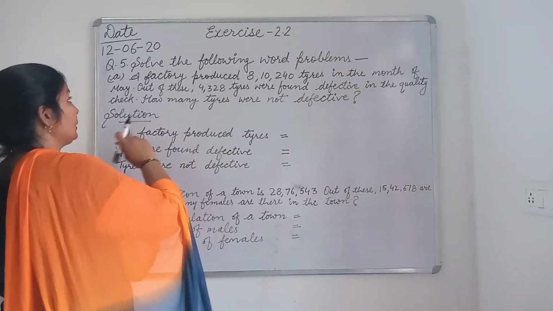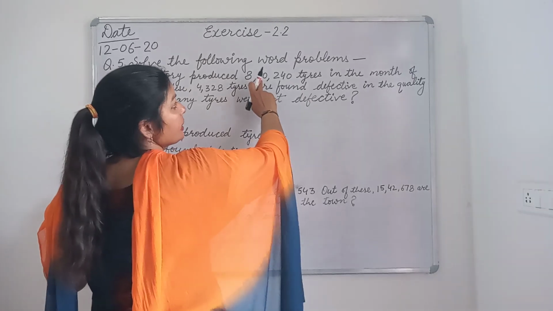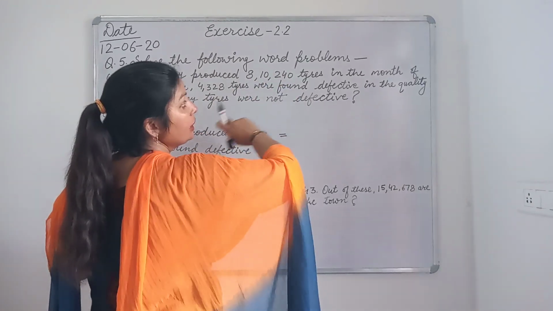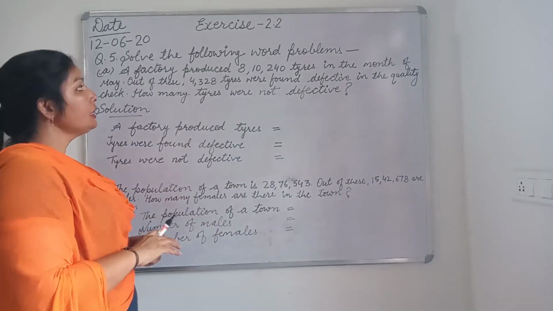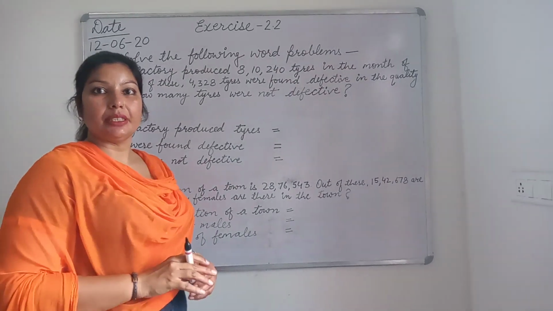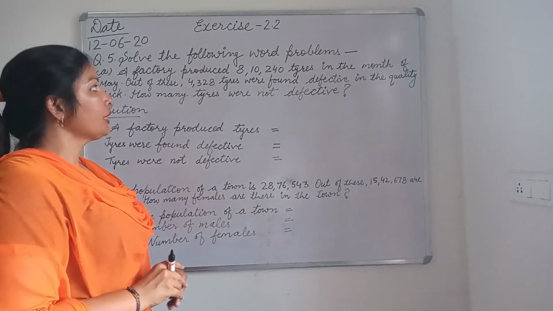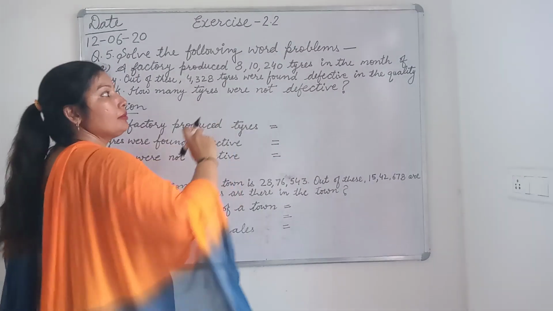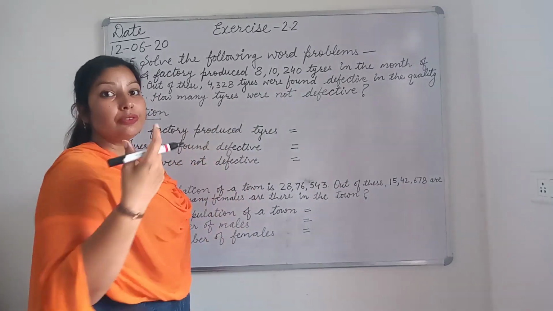Question A. A factory produced 8,10,240 tires in the month of May. One factory produced these tires. You have seen many factories. So our tire factory produced these tires in the month of May.